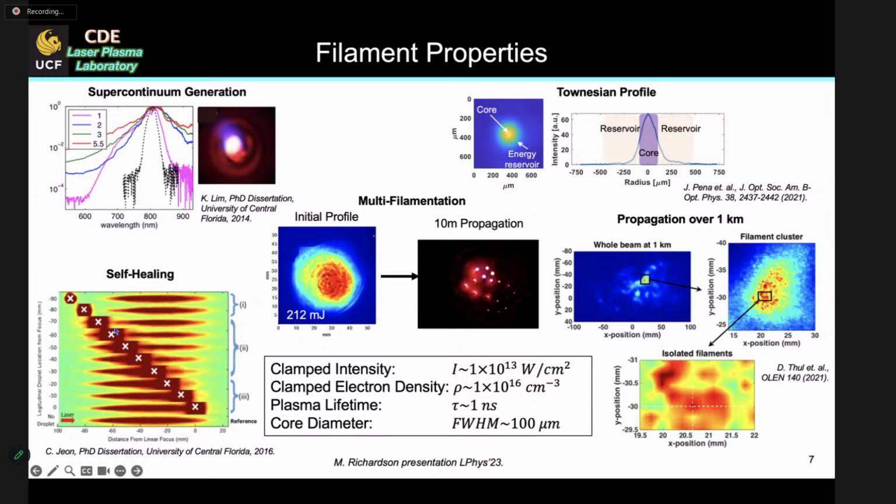On the left-hand side here is shown an experiment we did some time ago, actually still not yet published, whereby we deliberately presented in the center of the filament a very small absorbing obscuration, and we moved that obscuration through the focal regime. And you can see two things.